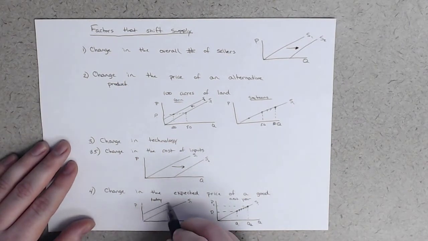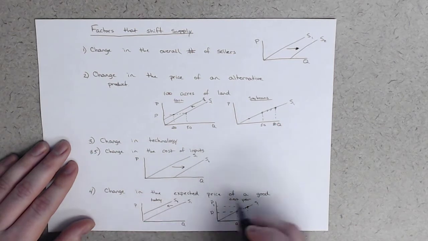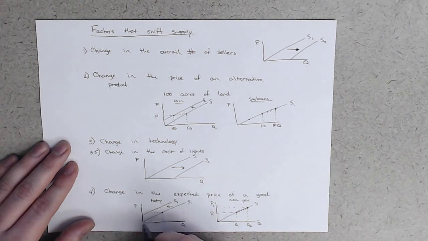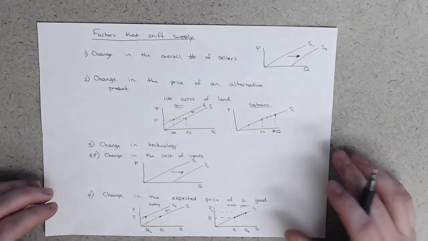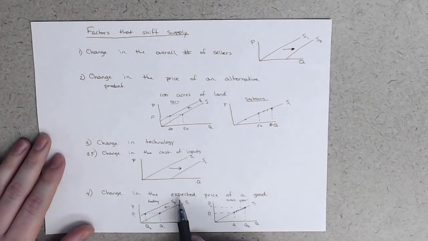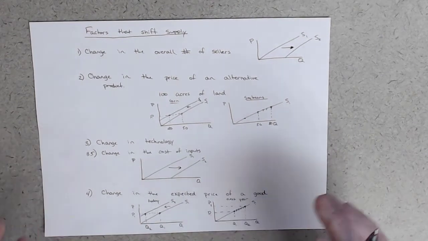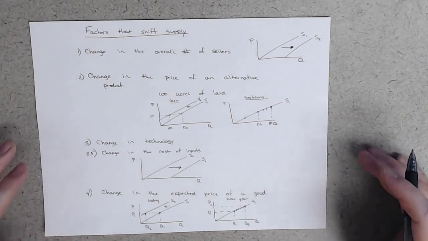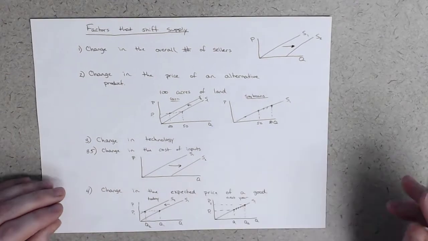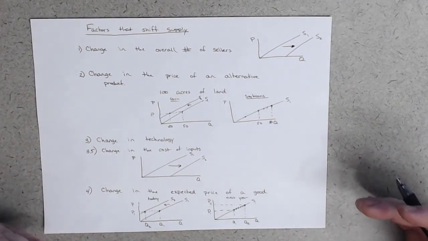And so the supply of wine today will decrease, even though here it's not because the price of wine today changed, it's only because the price of wine tomorrow changed, okay? You have to be very careful about this because I'm saying that the expected price changed, not the price. If the price of the good changes, then the quantity supplied will change. But if the expected price changes, then the supply will actually change.